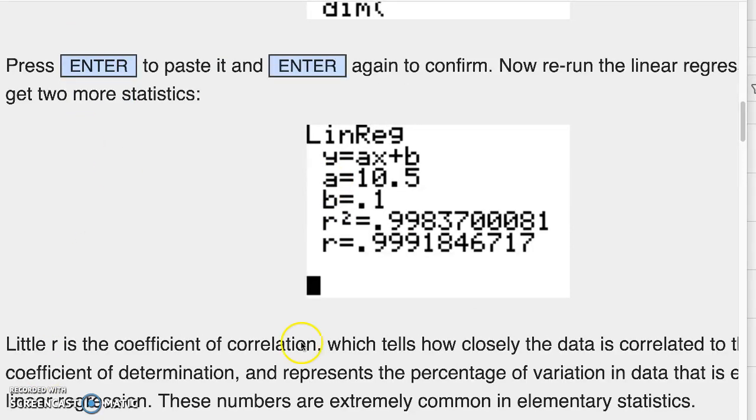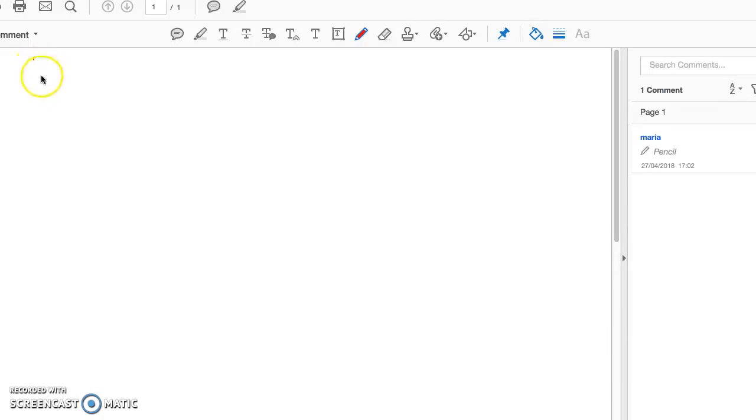Doing that in the calculator, I will get the linear function y equals ax plus b, giving me a value for a, for b, and I have here the Pearson correlation coefficient. That is not the value, but I'm going to show you. So I repeat that in the proper data in my list 1, adding the proper data in my list 2.